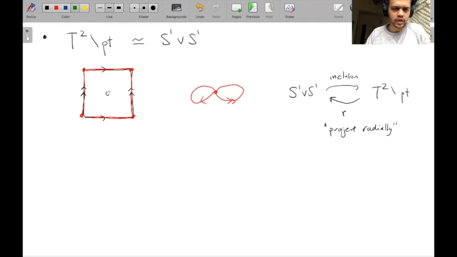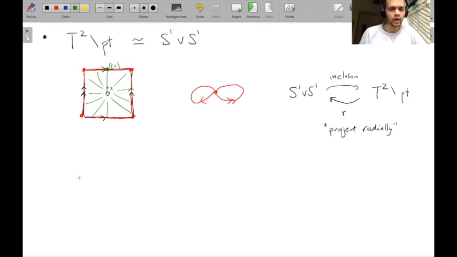So let me draw, given any point, we just draw a straight line from the point we're removing through that point, and that will hit the boundary at some point. So here we have X and then R of X. We just project radially from this center point.